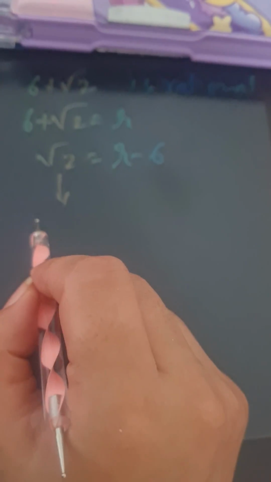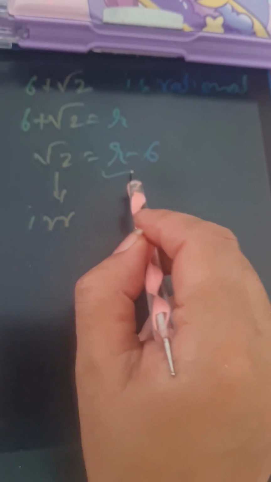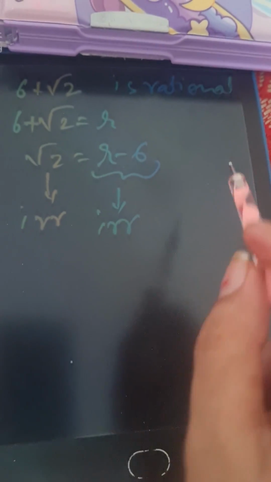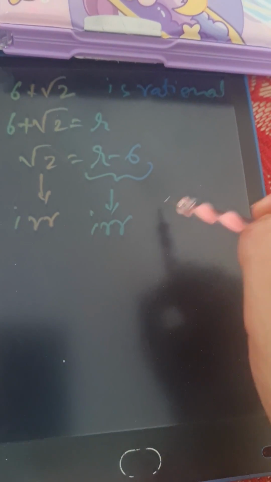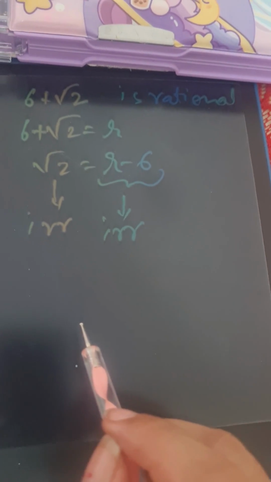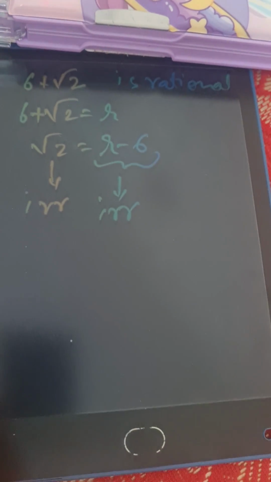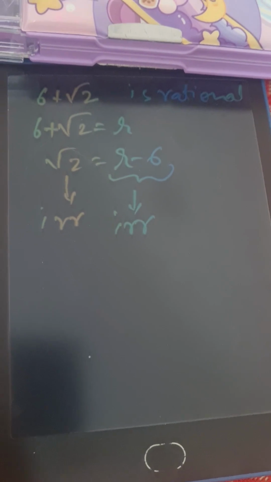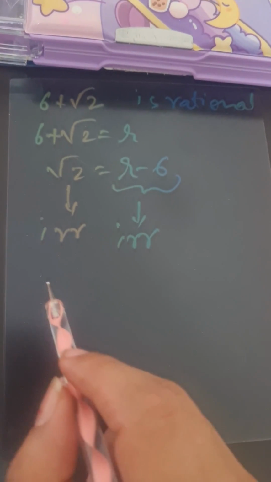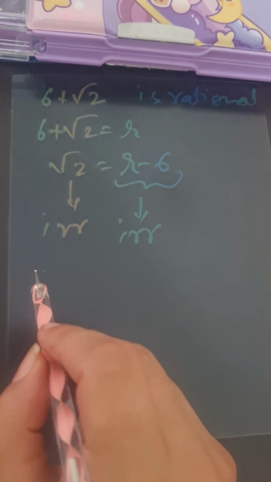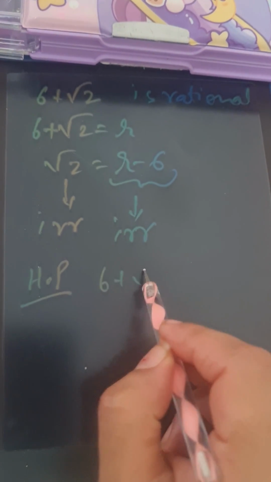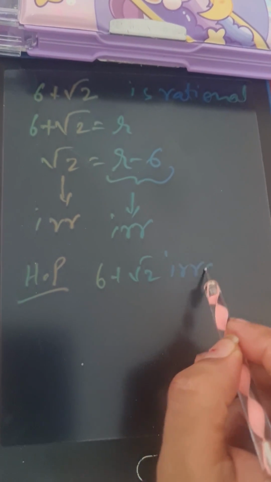This is an irrational number, hence it should be irrational too, which is opposite to our assumption that it is a rational number. So our assumption is wrong, hence proved that it is an irrational number.